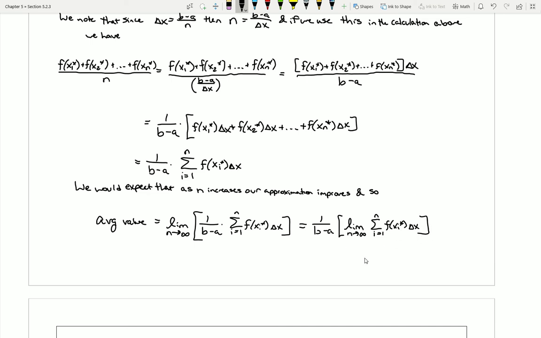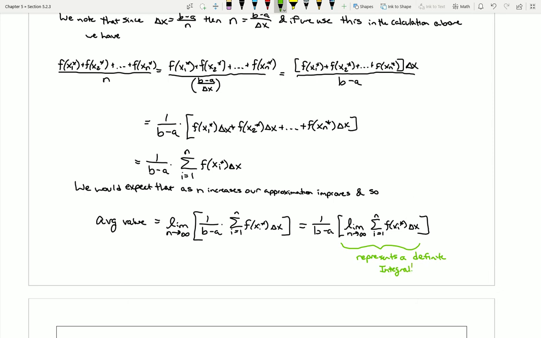And you might notice something even more incredible. What does this limit actually represent? Well, we should be able to see that this here represents a definite integral. How awesome is that? There's a definite integral sitting right there.